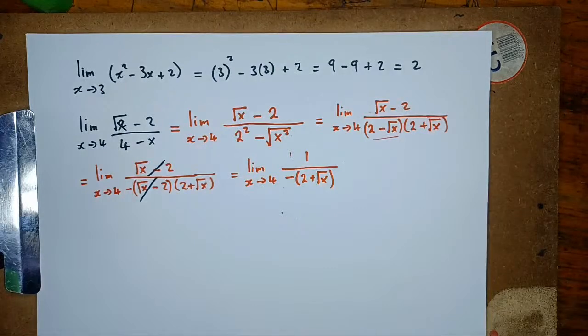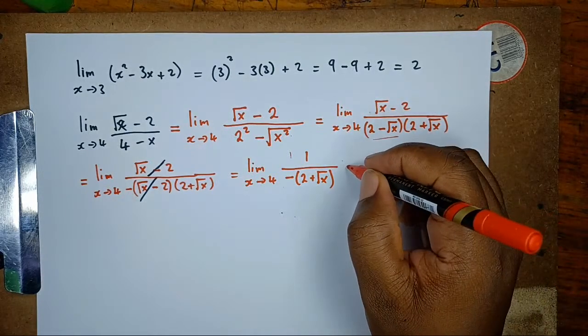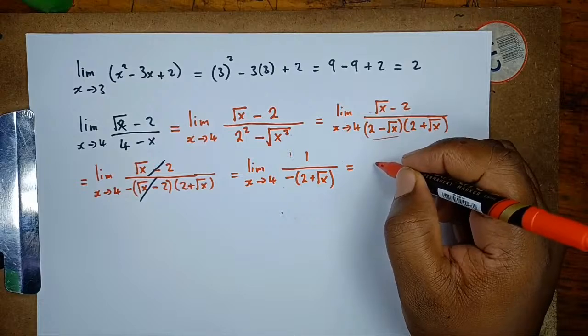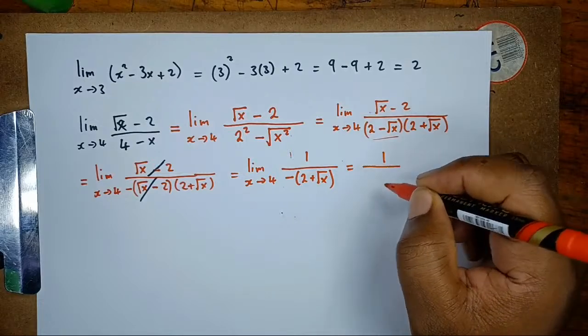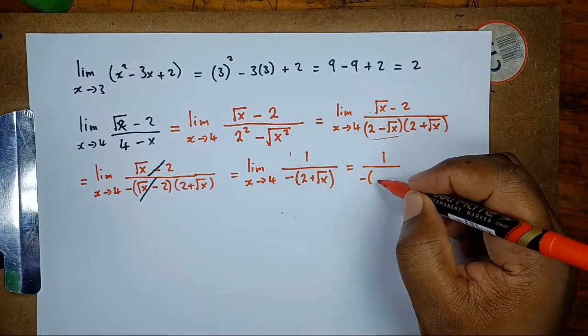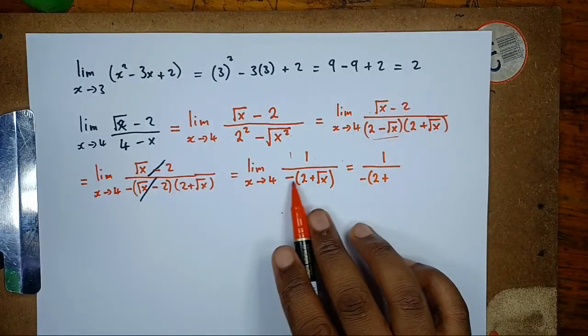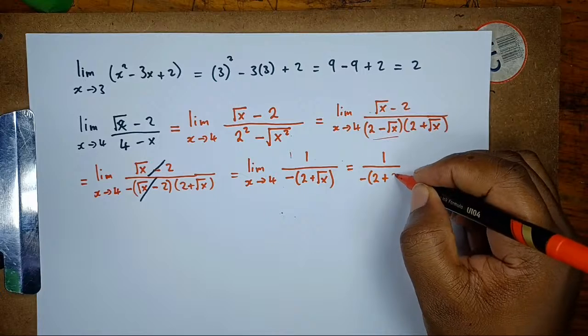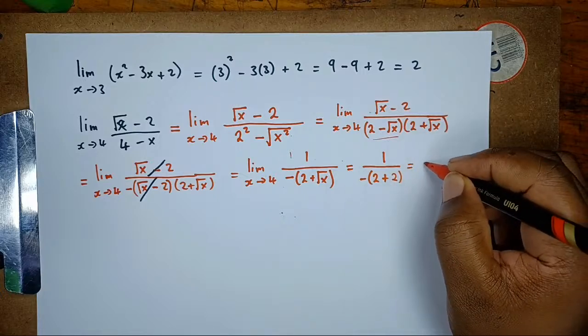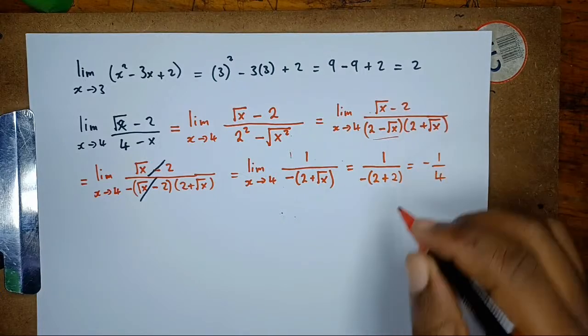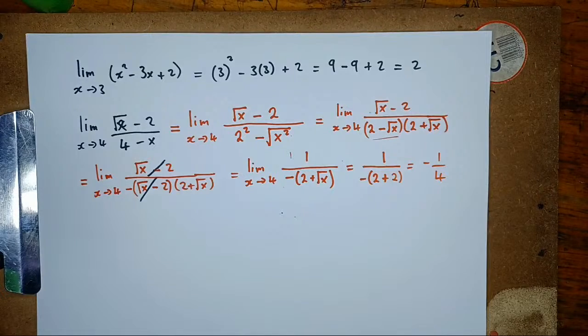We're going to get 1 divided by the negative, which is outside, open bracket, 2 plus, remember where there's x, we replace it with a 4, so the root of 4 is simply 2. So our answer will be negative 1 over 4. That's it. That's our answer for this particular question.